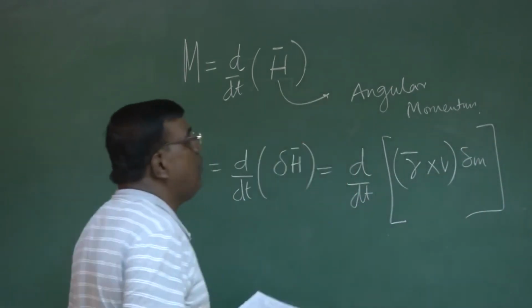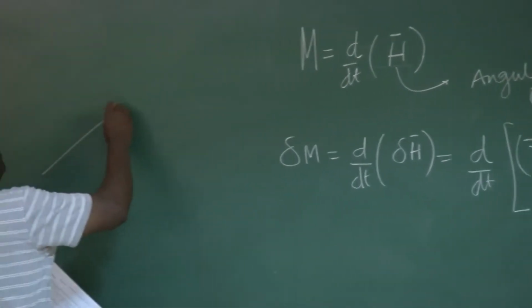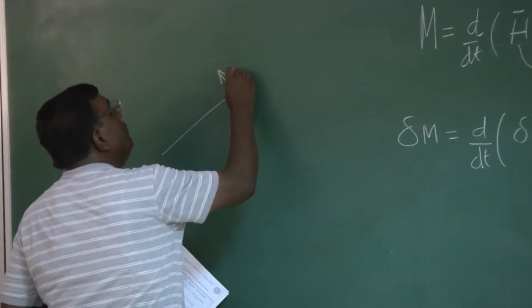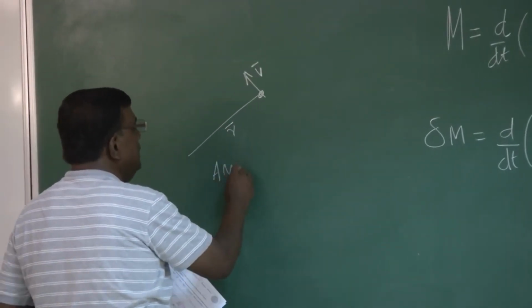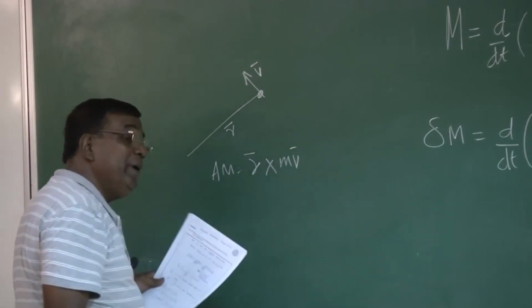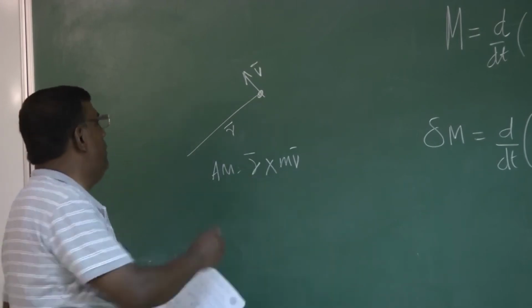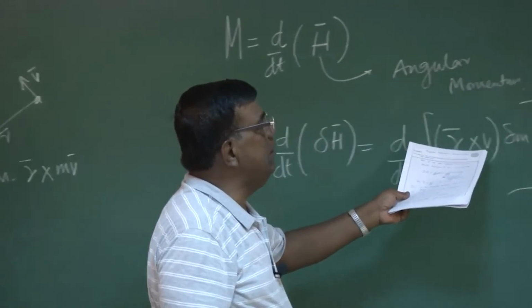This is r cross mv, angular momentum. Remember, if this is a body moving with a velocity v, and this is r, the angular momentum is defined as r cross mv, which we call the moment of the linear momentum about a point on an axis. Same definition has been used.